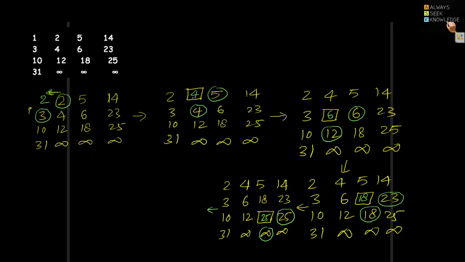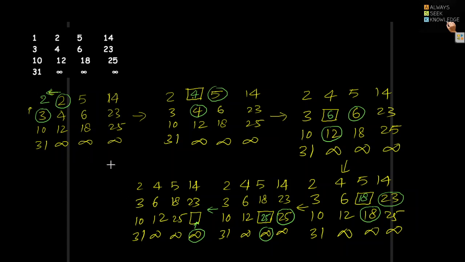Now the updated tableau, when we write it, will look like 2, 4, 5, 14, then 3, 6, 18, 23, then 10, 12, 25, and this place I am making empty, and this is 31, infinite, infinite, and infinite. Now there is no element to the right of this empty place, so this value will be copied here, or you can say replaced here.